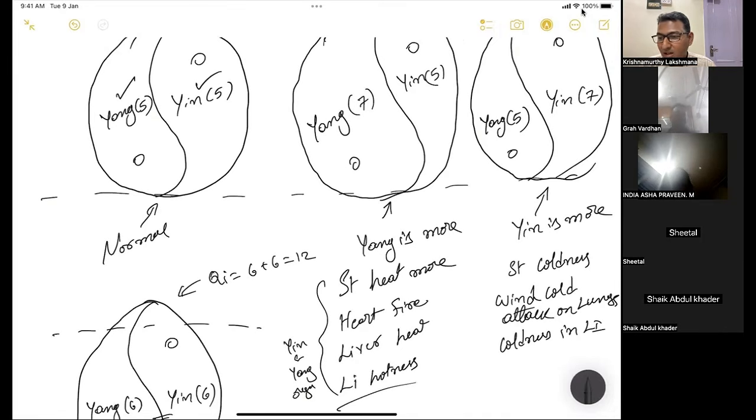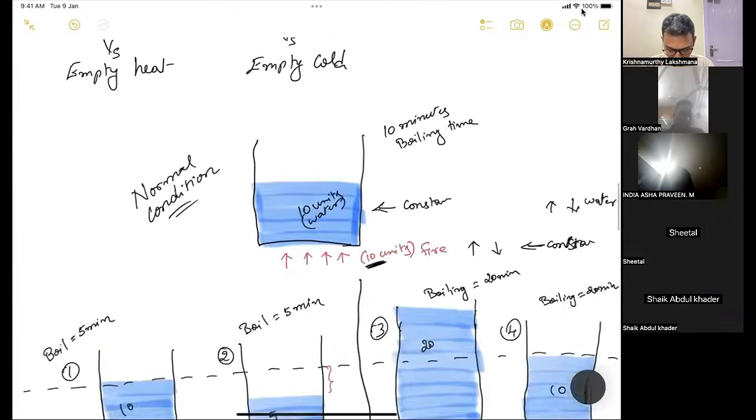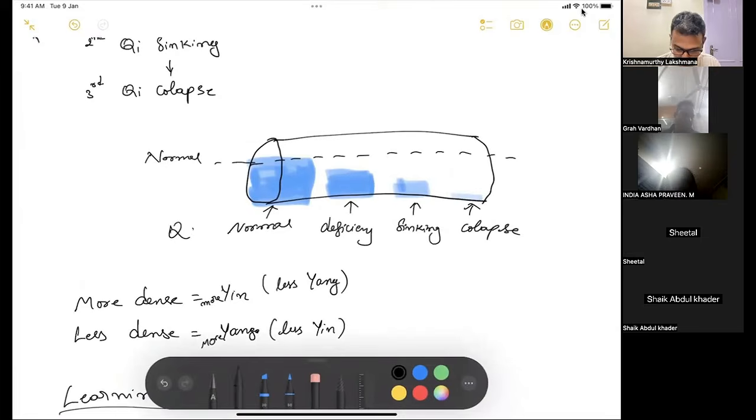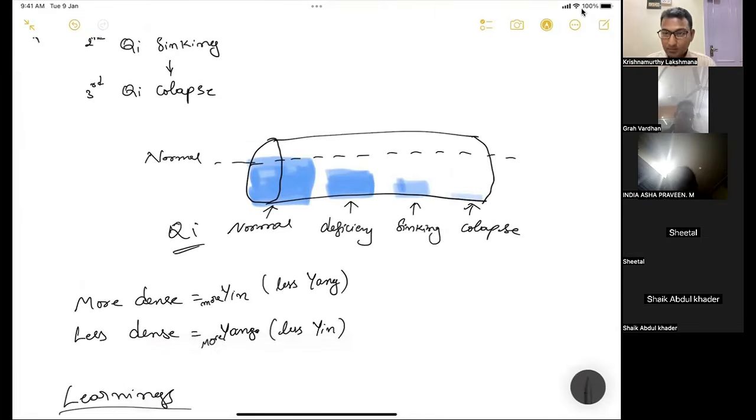Sir, just now you had shown a diagram with normal, deficiency, sinking and collapsing. In this, what is less? I mean, the water content is less, or? Here it is qi, qi as a whole.